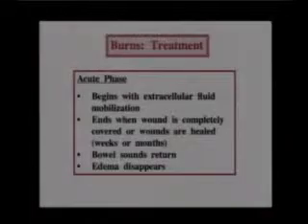Now, a couple other thoughts with the acute phase. This begins with the extracellular fluid mobilization. And we said this ends when the wound is completely covered or the wounds are healed. This phase takes weeks or months.